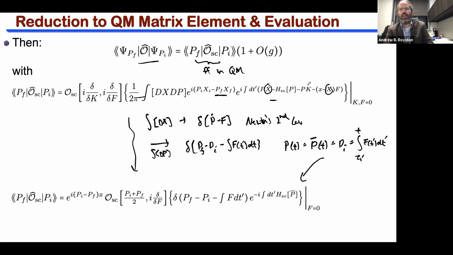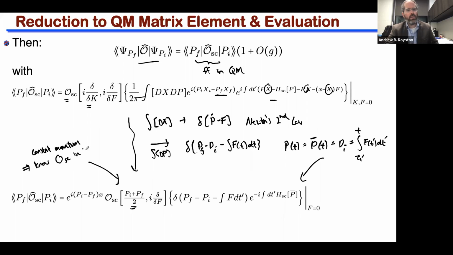Also, because the k dependence here is pretty simple, we're actually able to evaluate all the k derivatives we need. And what happens is that the momentum argument of our classical profile becomes pi plus pf over 2. That's huge because that's a constant momentum. And that means that we actually know the classical profile, phi_SC, in terms of the boosted soliton profile.